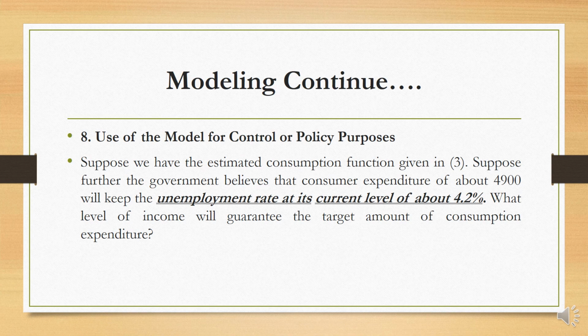Number 8. Use of the model for control or policy purposes. Suppose we have estimated the consumption function given in equation 3. Suppose further the government believes that consumer expenditure of about 4,900 will keep the unemployment rate at its current level of about 4.2%. What level of income will guarantee the target amount of consumption expenditure?